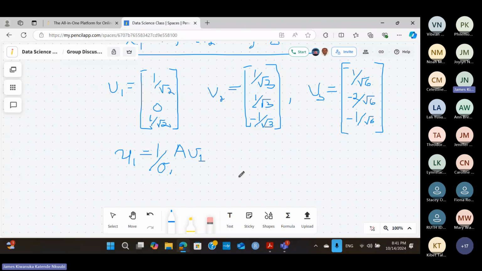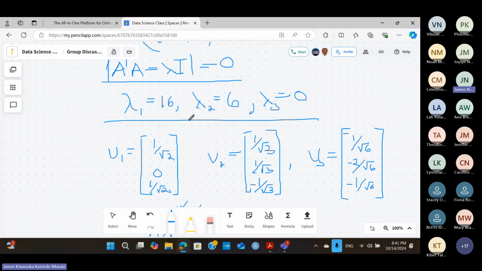Is that correct? Yeah, I think it's correct. So we know the matrix A. We now have a vector V1. We haven't worked out the singular values, but the singular values are simply the square root of these eigenvalues. So the singular values in this case, sigma 1 would be the square root of 16, which is 4.